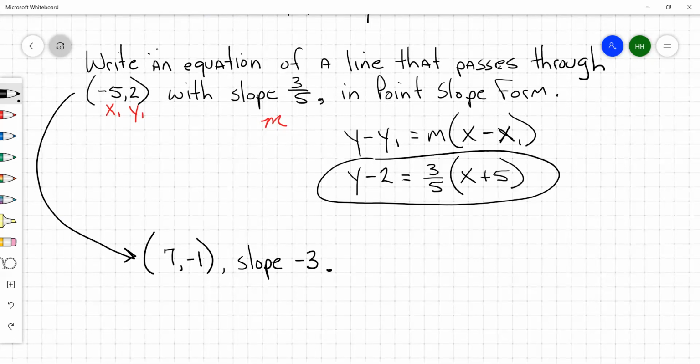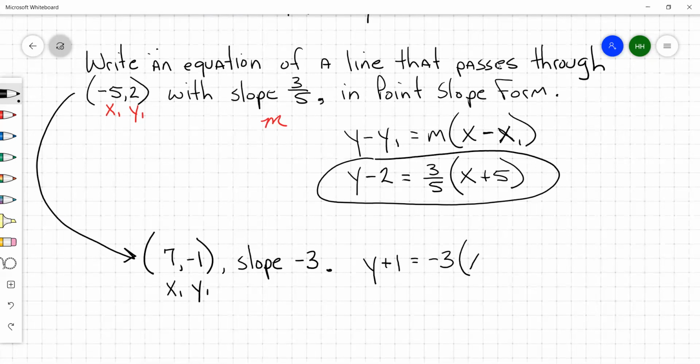So we're going to use the same form. We're going to start with the letter y. And this is our x sub 1, y sub 1. So it's y minus our y sub 1. So look, our y sub 1 is negative 1. So this becomes y plus 1. Slope's negative 3.